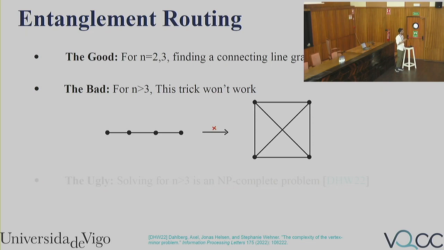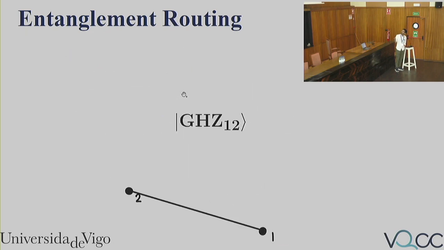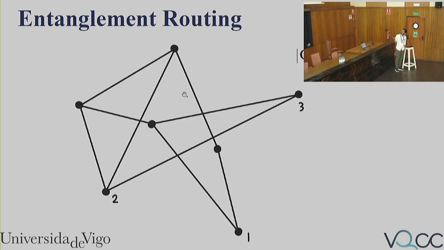But if it's a connected graph, it's always possible. And it's easy to see why, right? If you have such a graph and some vertices here, we can always find a path because it's connected. And if we can always find a path, then it's always possible to remove the other vertices and disconnect this path and then perform some measurements here to connect this and this. It's always possible. Okay, thank you.